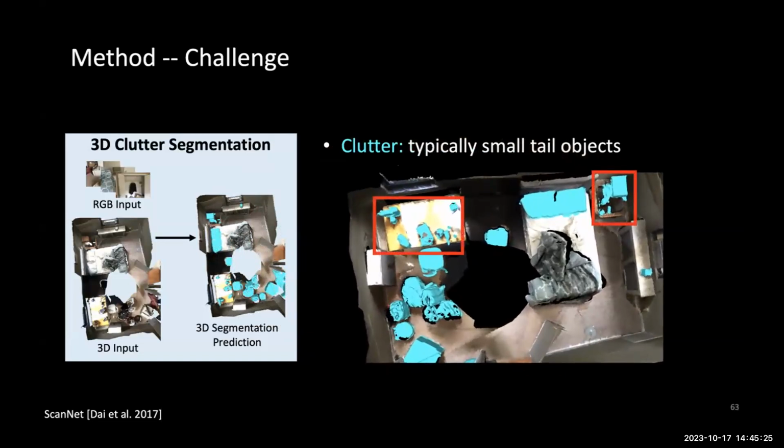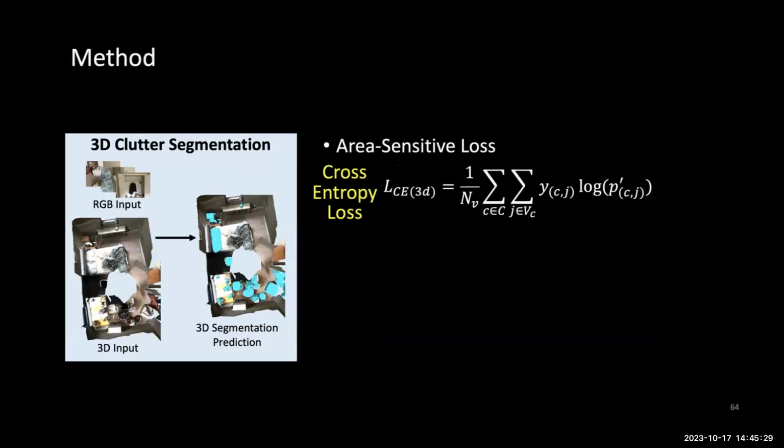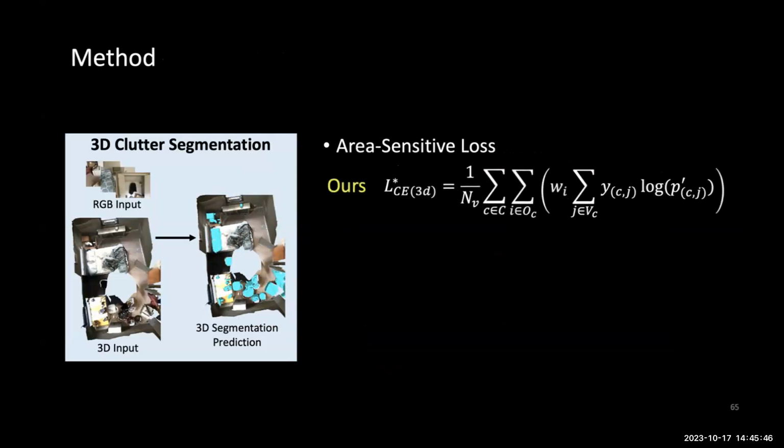If you train this segmentation task with the traditional cross-entropy loss, you will find this loss is driven mostly by detecting the bigger objects. For smaller objects, the model will just miss them because it does not make much difference in the final performance. So we instead propose an arithmetic loss by adding a weight.